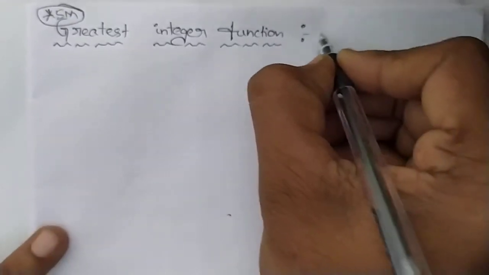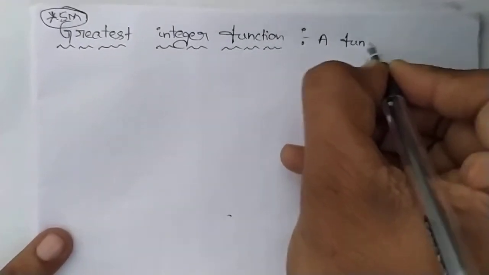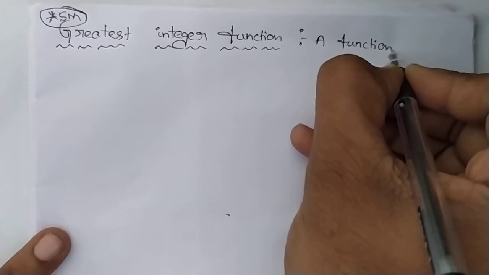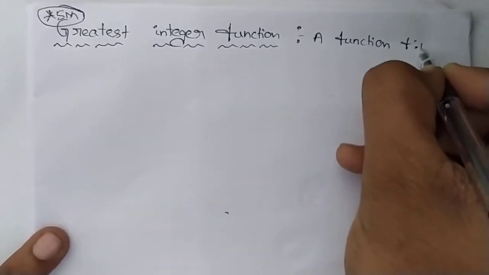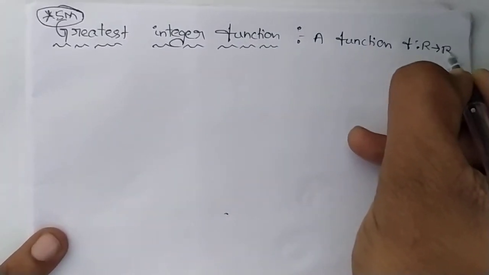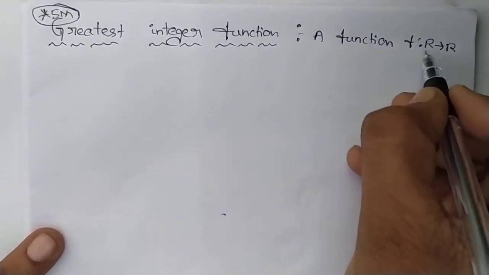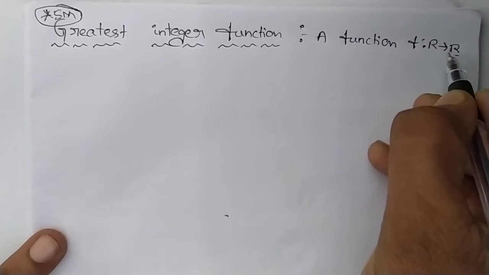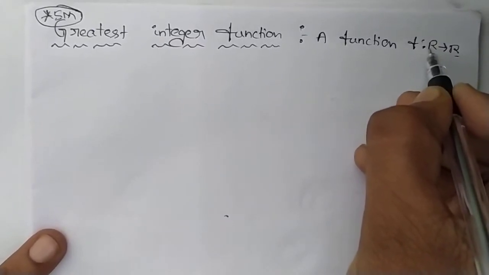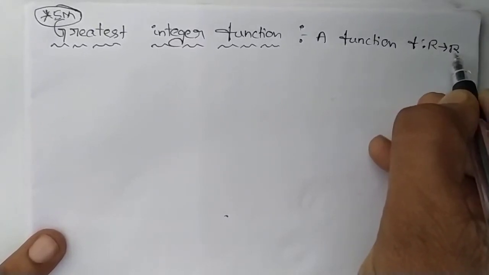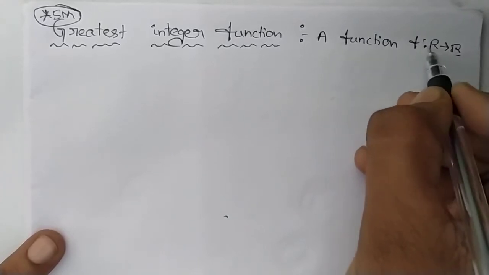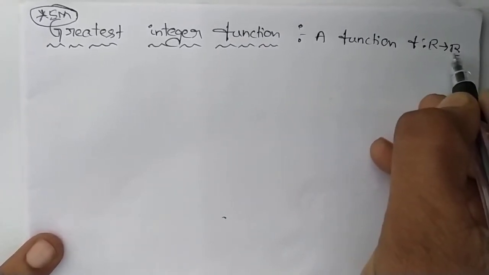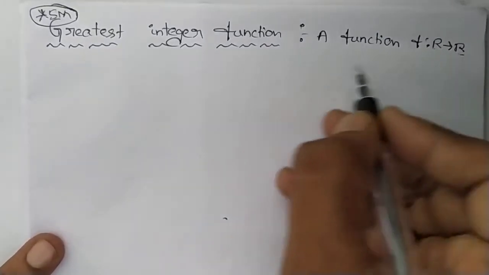A function f from R to R. We know that R is the set of real numbers. Therefore, R is the domain and R is also the codomain. So the domain is the real numbers, and the codomain is also the real numbers.